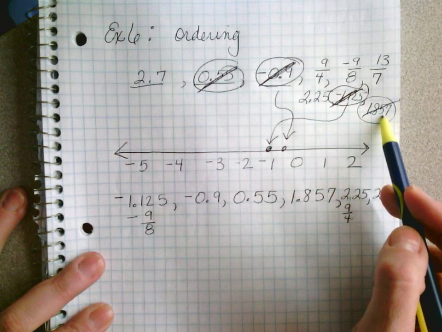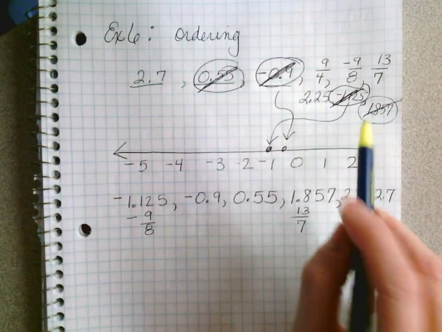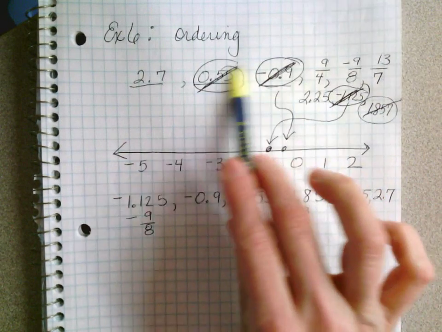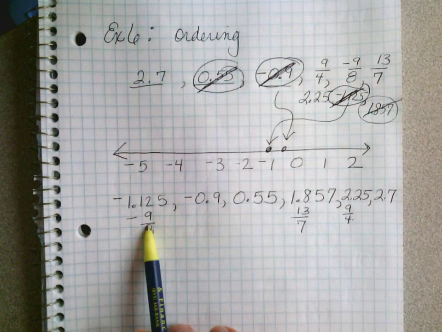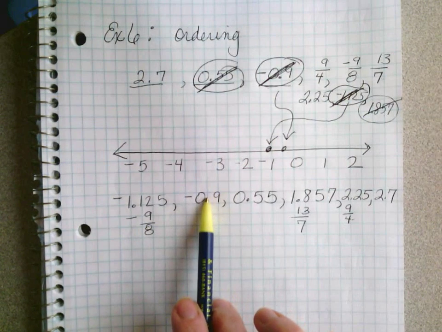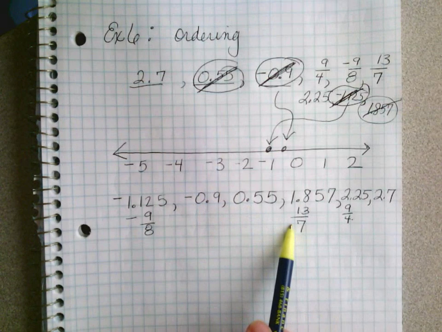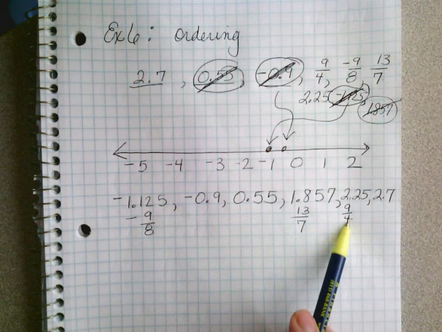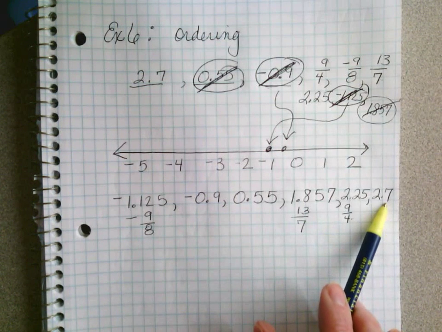And for 1.857, it would have written 13/7 because that's what they originally gave you. So the list would be given to you as negative 9/8, negative 9/10, 55 hundredths, 13/7, 9/4, and finally 2 7/10.